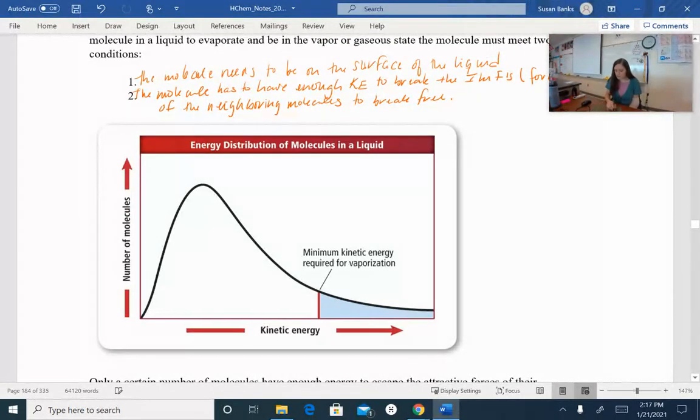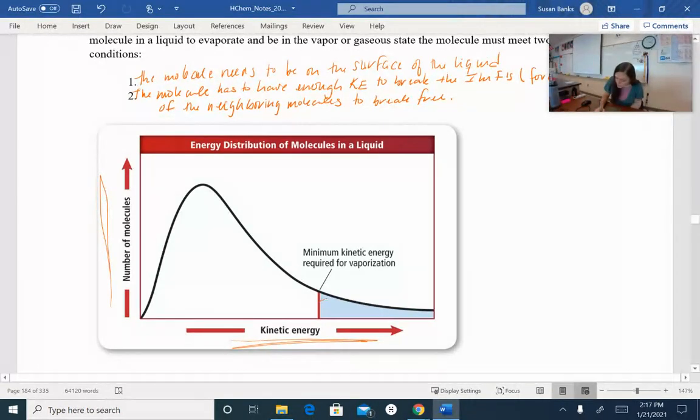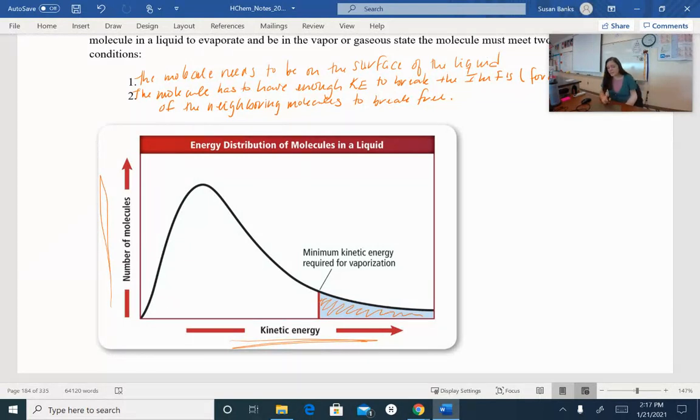So let's think of this. This is a distribution of the kinetic energy. We've got kinetic energy down here and the number of molecules in a drop. We're going to say that this is a drop of water that's sitting on the counter. Notice some of the molecules in that drop of water actually do have enough kinetic energy to break through those intermolecular forces and become free.